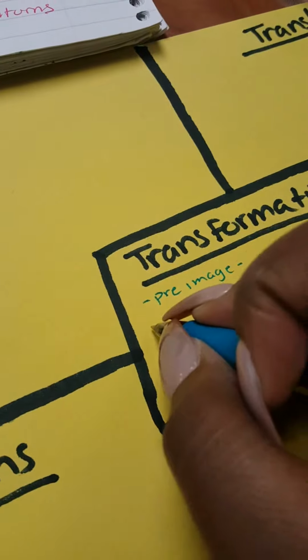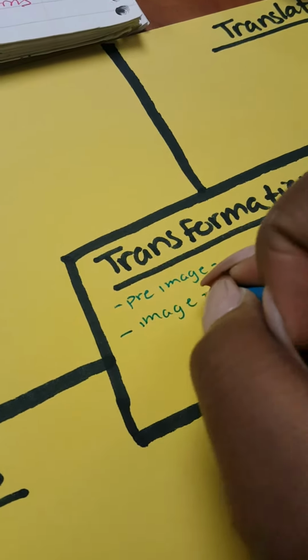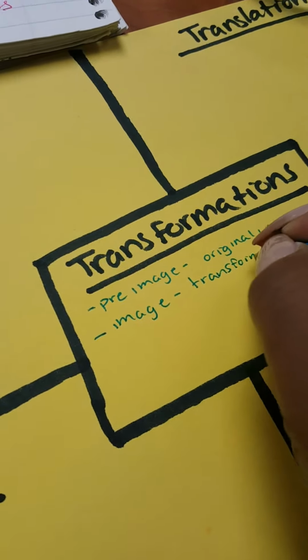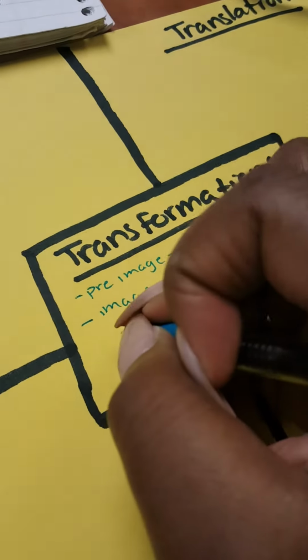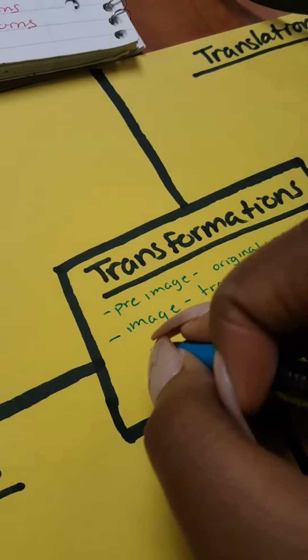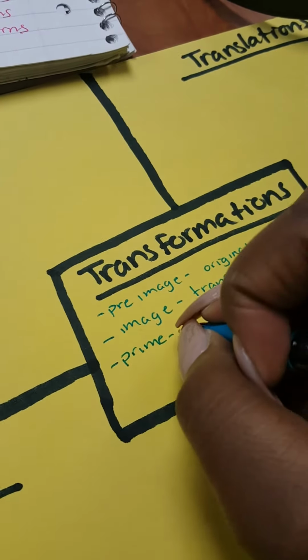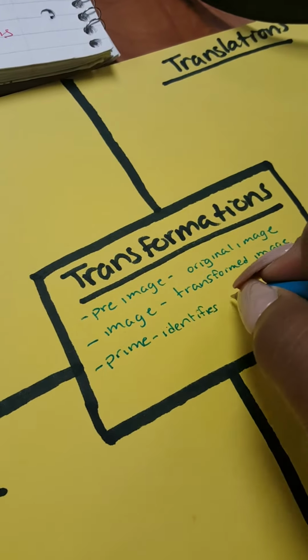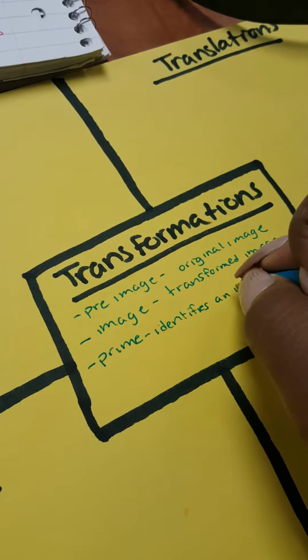Then we have the image, and that's the transformed image. Then we have the word prime. It identifies an image.